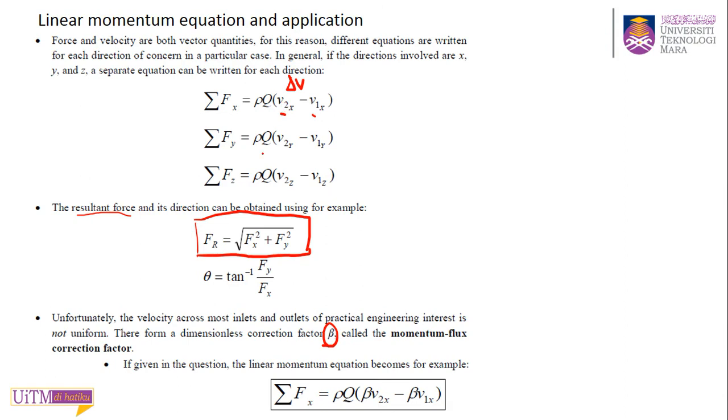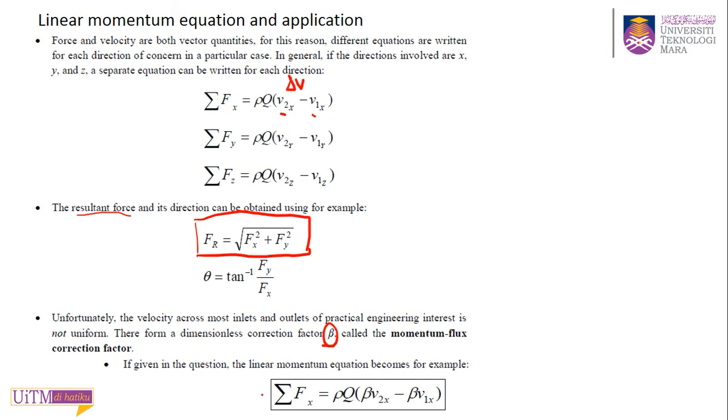In a question they might give you beta equal to 0.3 or 0.2 depending on the question, or they might not give you anything. If they do not give you anything, that means they assume the velocity is uniform, and you can just use the velocity. If they provide you with the beta number, you need to multiply that with your velocity.